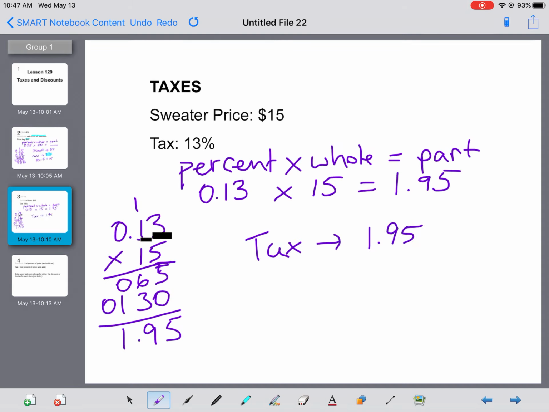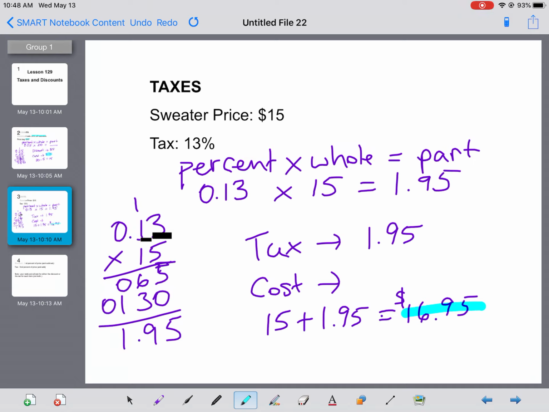So when you go up to pay for the sweater, that is going to be added to your price. So all you have to do is 15 plus $1.95, which gets you $16.95 as your total cost of your item.